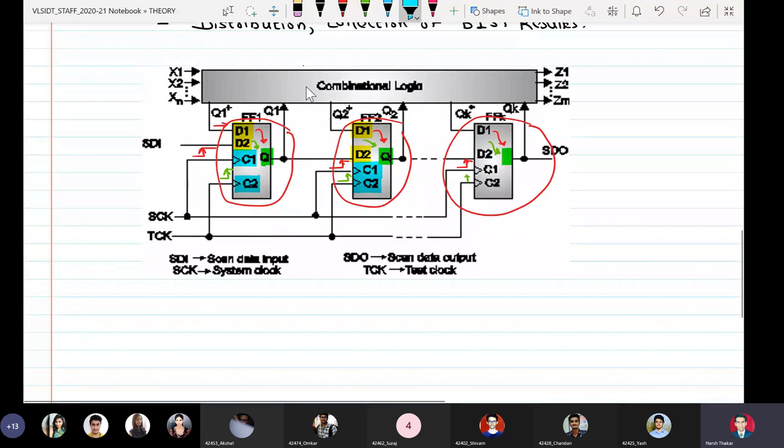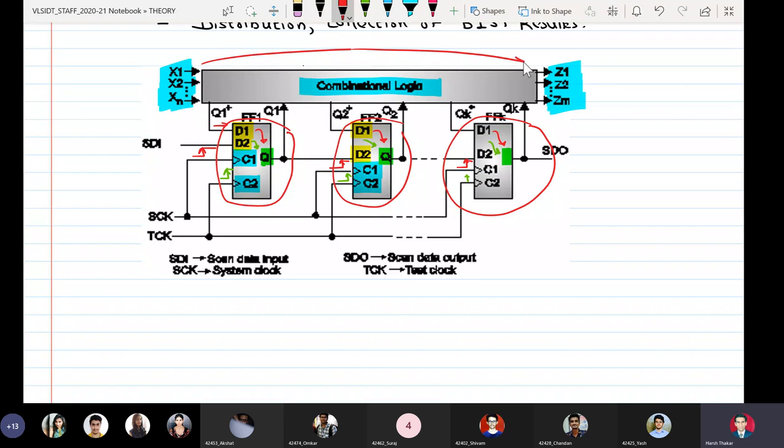This is a combination logic here. It accepts n number of inputs X and it generates m number of outputs Z. This combination logic is responsible not only to convert the inputs X to the output Z, it is also responsible for generating the next state inputs for the flip flops. Q1, Q2 up to Qk are called the present state outputs.